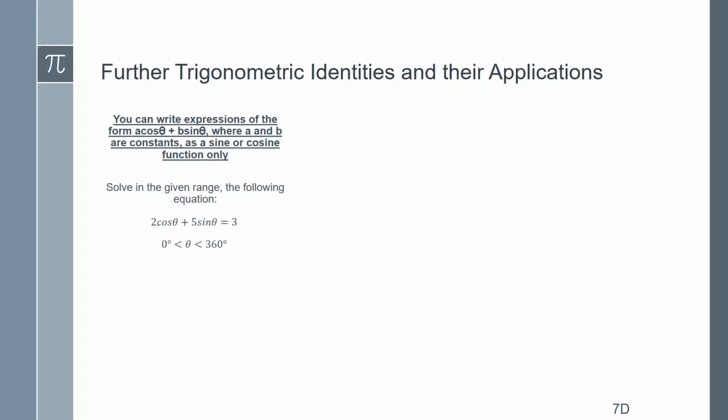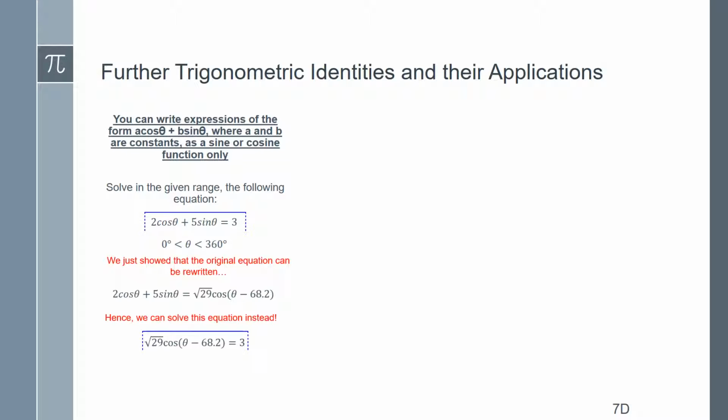Once we do that, of course, we can then extend it by solving equations. So solve 2 cos theta plus 5 sine theta is equal to 3 between 0 and 360. Now we can't solve it as it stands, but if we can rewrite it in some way, we can. We've already shown in the previous example that it's the same as root 29 cos (theta minus 68.2), so we can solve that equation instead.